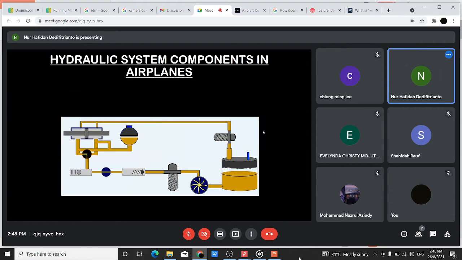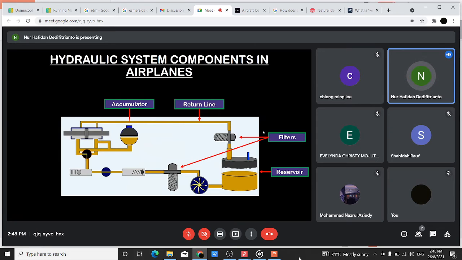So we proceed with the basic components involved in the hydraulic system in aircraft. First of all, we have the reservoir. Then we have the filters. We have the return line, the accumulator, and the actuator, which can be connected to whatever features we want, for example the landing gear, flaps or spoilers.